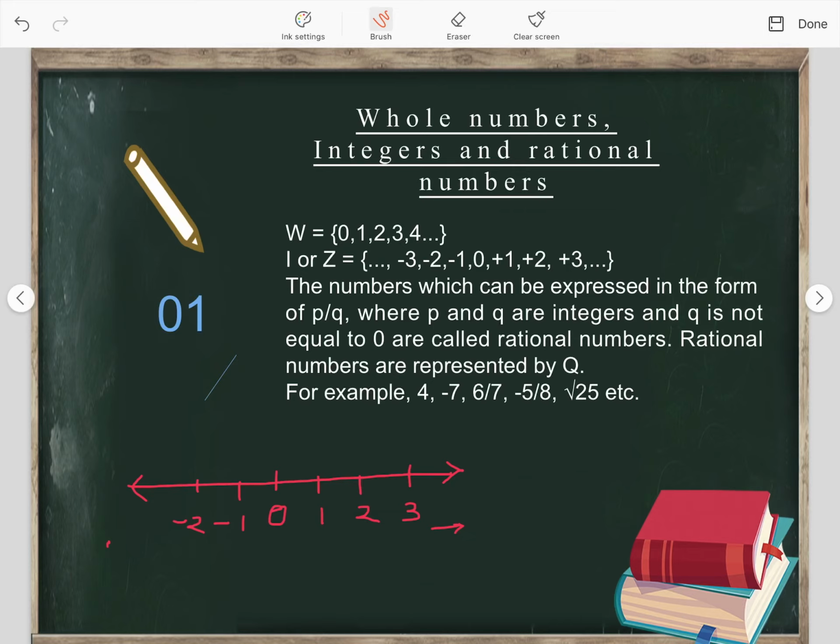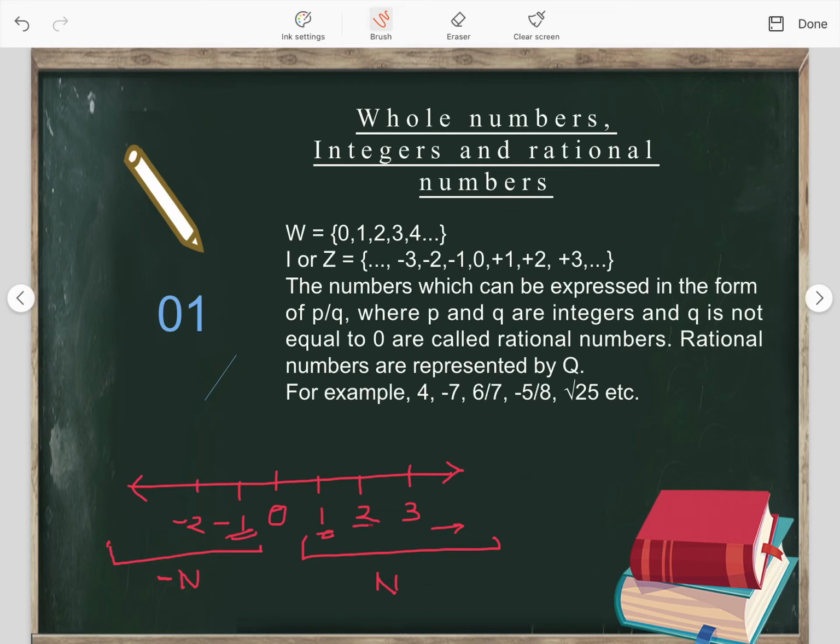Okay. So from 1 and so on, those are known as natural numbers, yes or no? N. And on the left hand side, those we have written are the negatives of the natural numbers. I have written them as minus n. See, 1 is a natural number, so minus 1 is the negative of natural number 1.